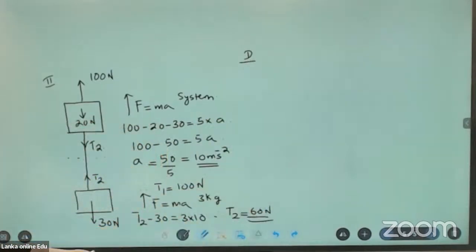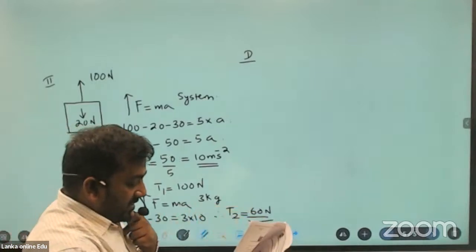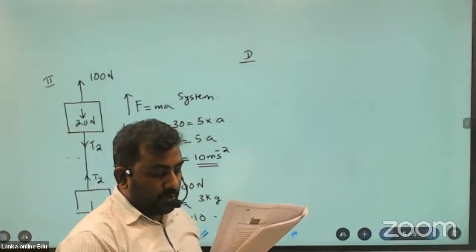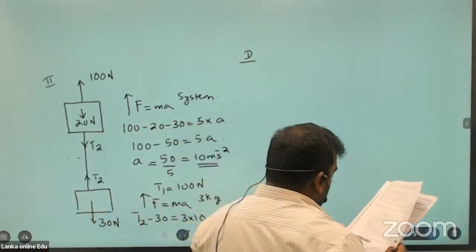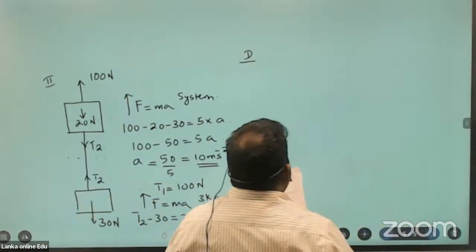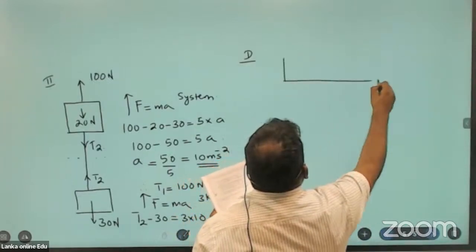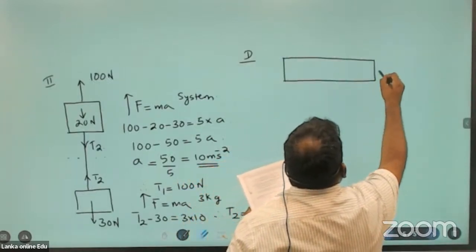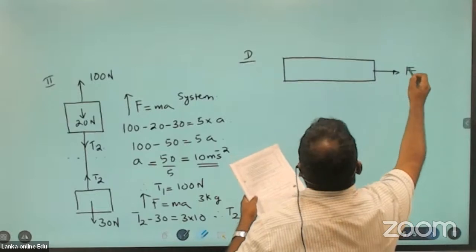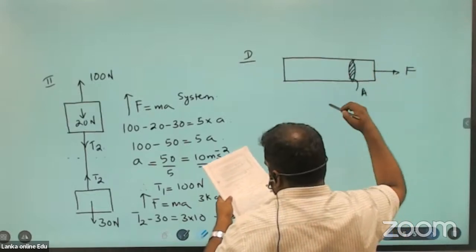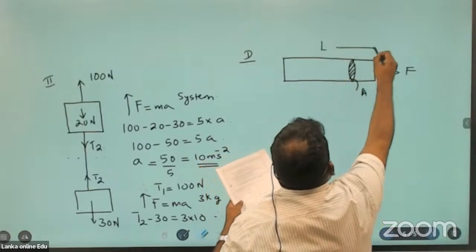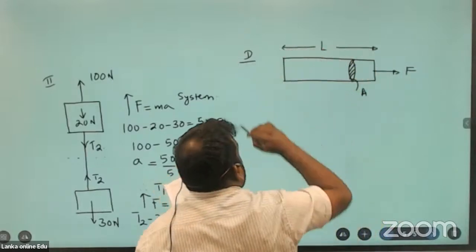Part D. A rope of length L and cross-sectional area A is pulled along a smooth horizontal surface with a force F. Density of the rope is rho. So here you go, a heavy rope pulled with a force F. Cross-sectional area is A, length of the rope is L. Carefully work.